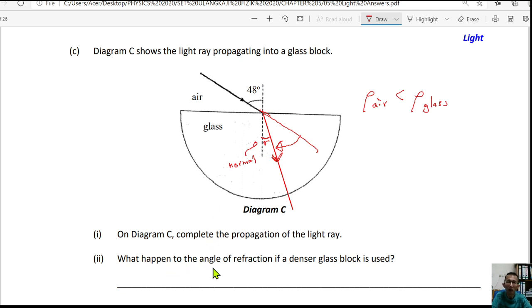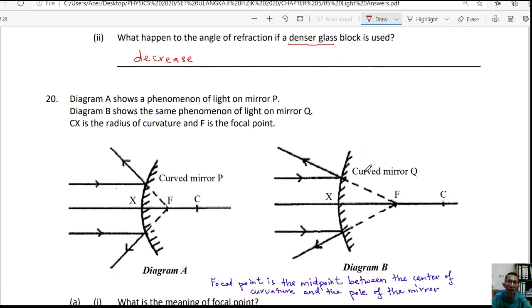So what happened to the angle of refraction if a denser glass block is used? So that angle will decrease. Right? In bahasa Melayu berkurang, don't write berkurangan, write it as berkurang. Okay, we go to the next question.